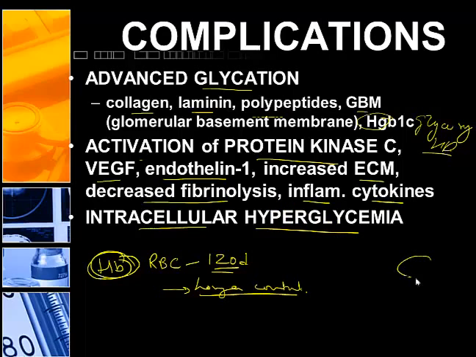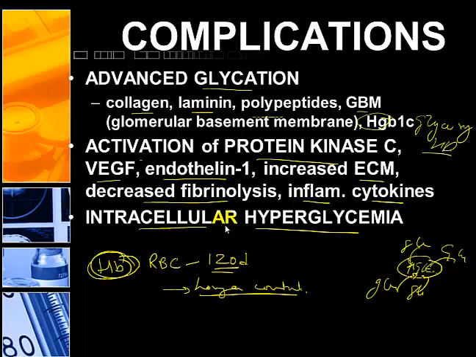So if you have a cell over here and you have glucose which is present everywhere around the cell, this is going to diffuse inside the cell. So there will be increased amount of glucose inside the cell over a period of time. So this intracellular increased glucose is going to cause a lot of problems inside the cells.